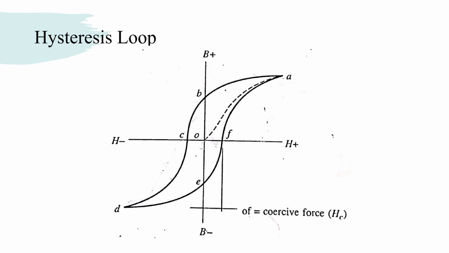The hysteresis loop shows the relationship between the induced magnetic flux and the magnetizing force. It is often referred to as a BH loop also.